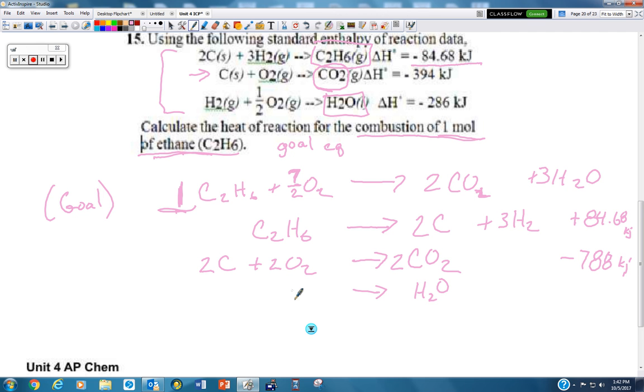H2O, and then we have O2 plus H2, and we need 3 moles of water in this. So we have 3 halves O2 and 3 H2s. What does that do to this number? 286 times 3, which is 858 kilojoules.